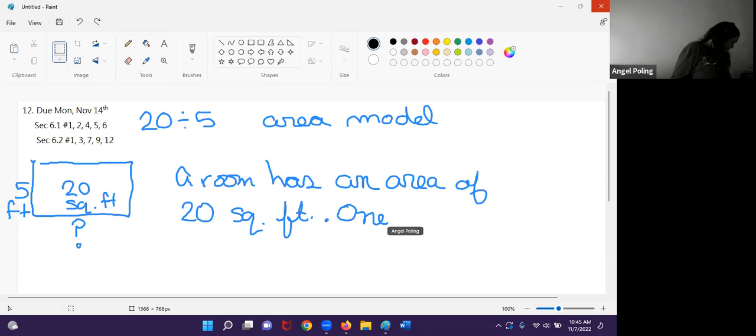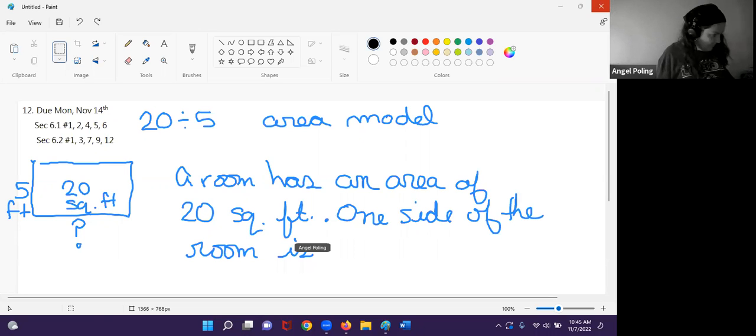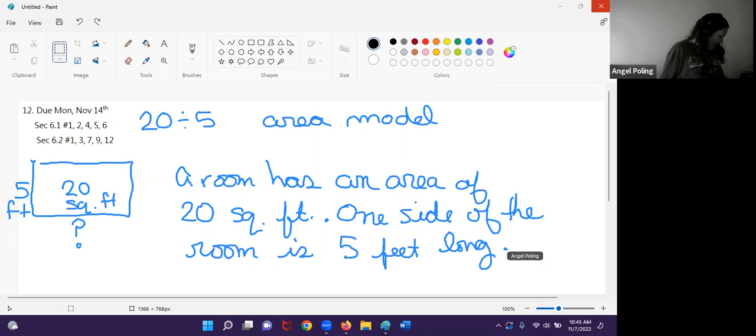One side of the room, you hear my dog snoring, is 5 feet long. Question mark. How long is the adjacent side?